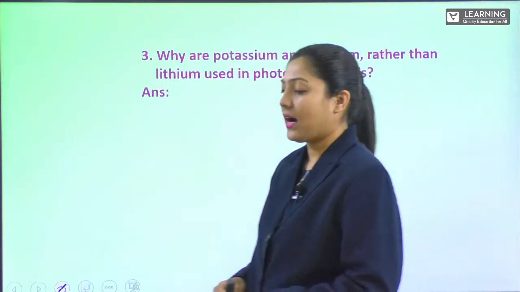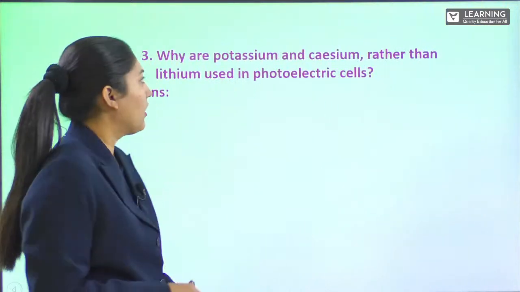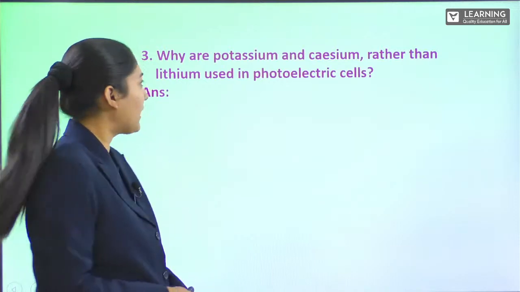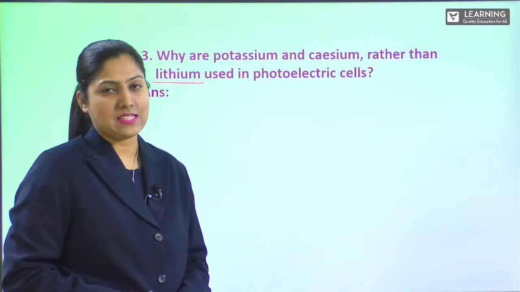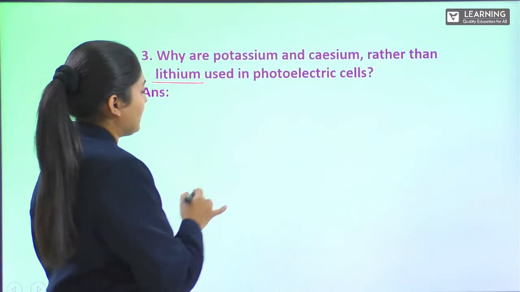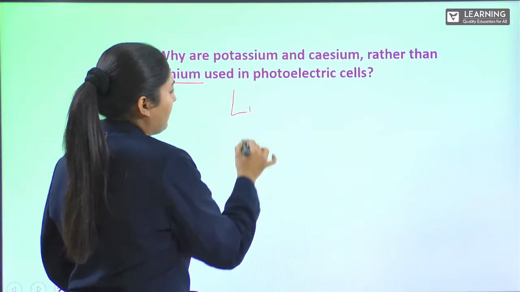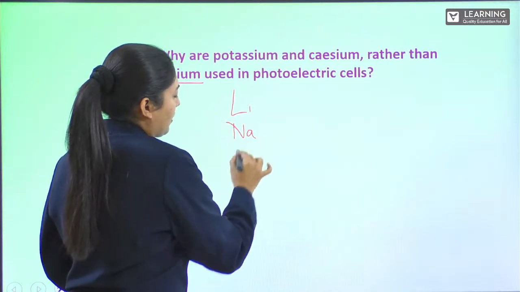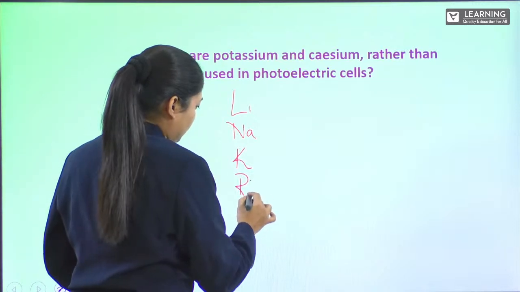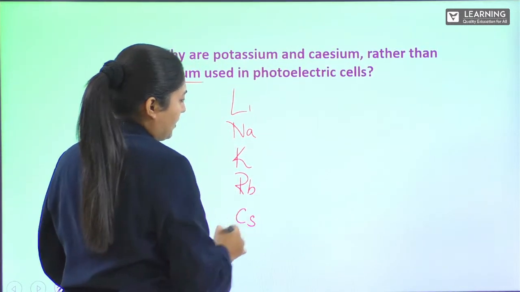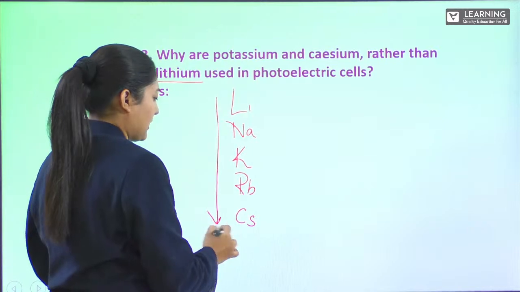Next, why are potassium and cesium rather than lithium used in photoelectric cells? So we have lithium, sodium, potassium, rubidium and cesium, right? Down the group, size increases.